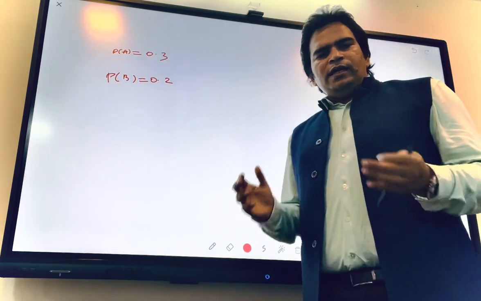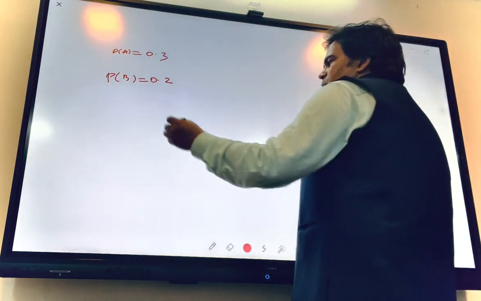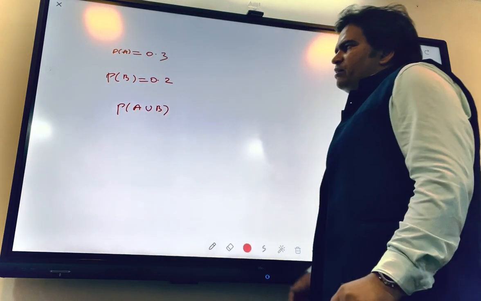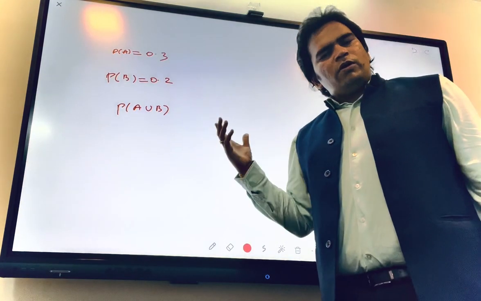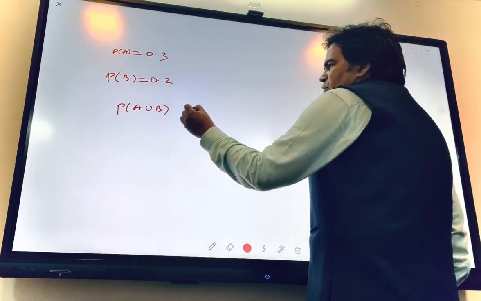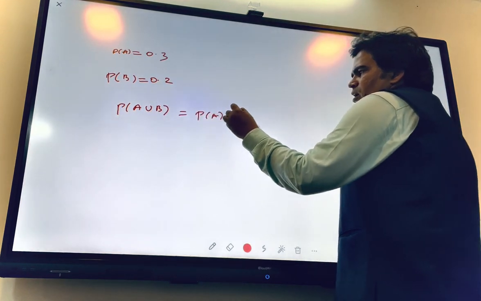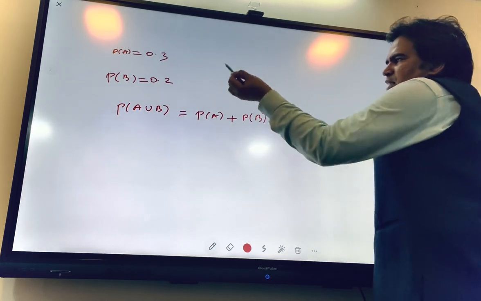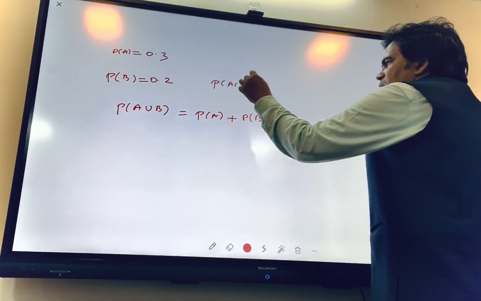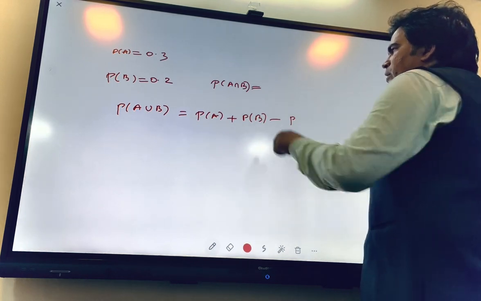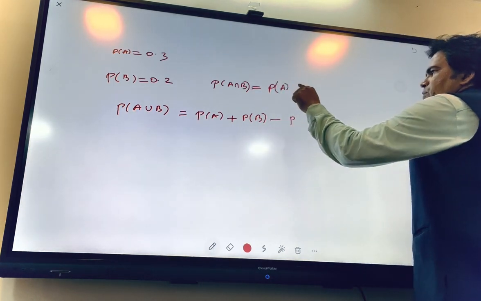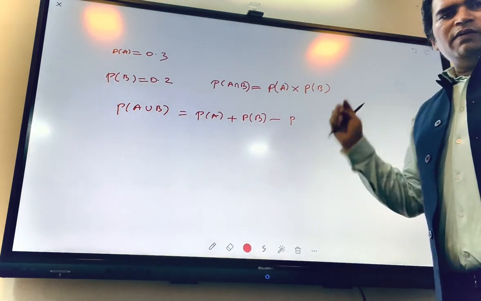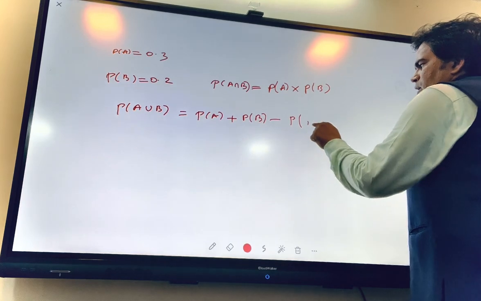Given that these two events are independent, find out the probability of A union B. So obviously, that's probability of A plus probability of B minus, instead of intersection, since the events are independent, probability of A intersection B is going to become probability of A times probability of B. So that's your independent event condition. So this will be PA times PB.